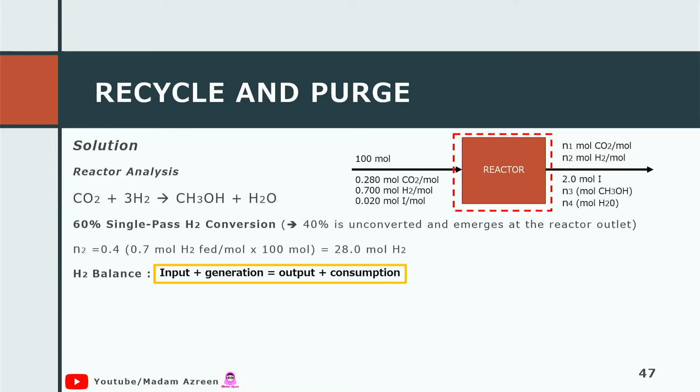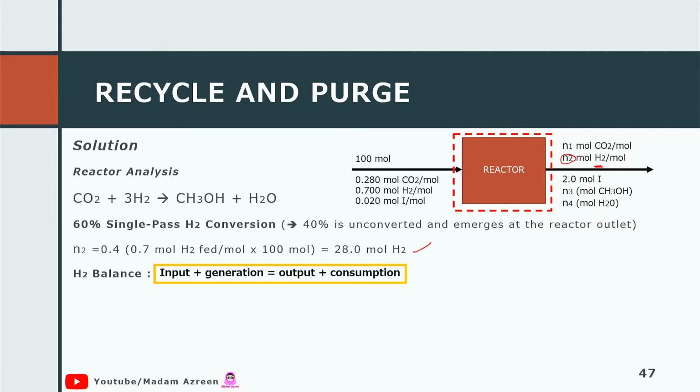So you can get the value of N2, which is the mole of hydrogen. You can get the value of the mole of hydrogen that came out from the reactor.